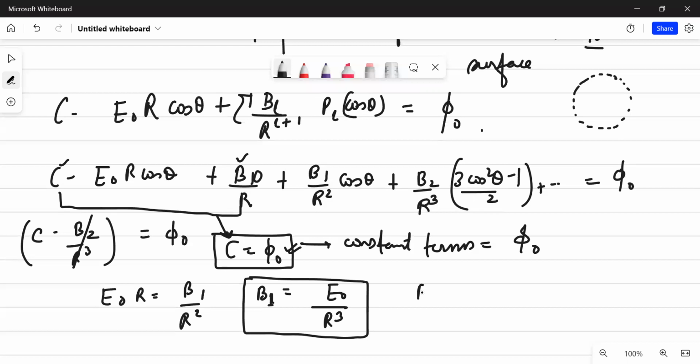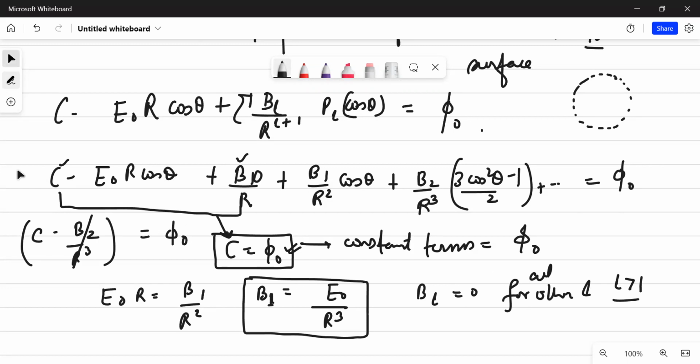Is that clear? And for all other L, BL will be 0. For L equal to 0, it will be some constant; I have written constant plus constant, again a new constant, and that new constant would be final. So forget about constant values, but otherwise BL would be 0 for all L greater than 1. Is that clear? So B1 we have found.